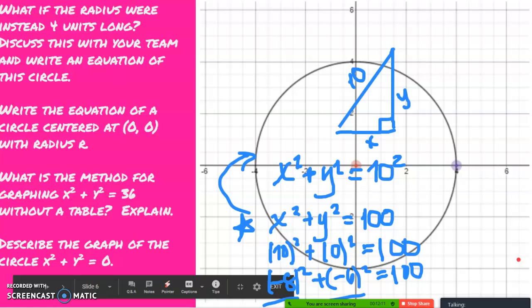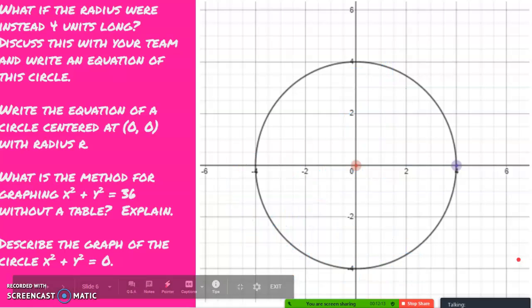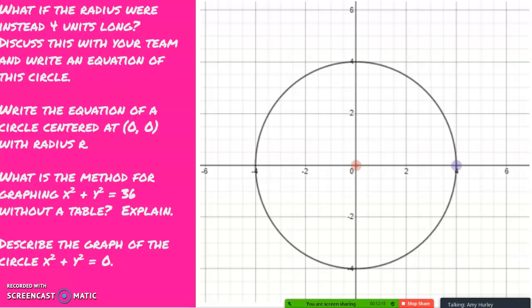What if the radius were 4 units long instead of 10? What would the equation of this circle be? Write it down and then come and see if you were right.